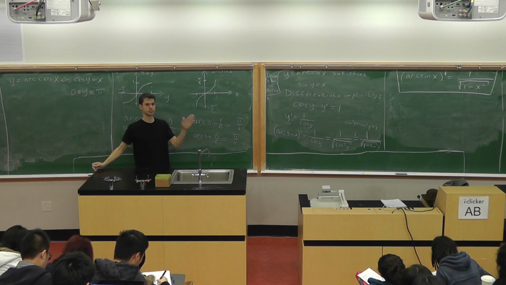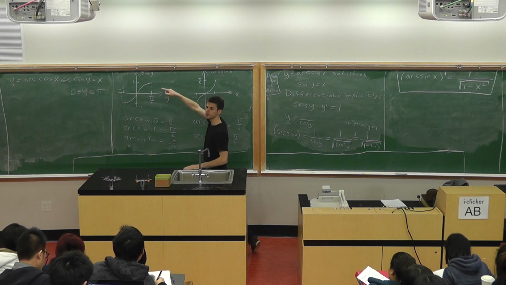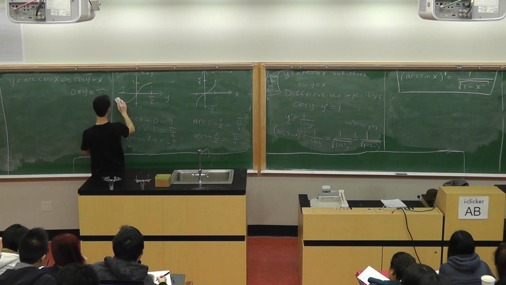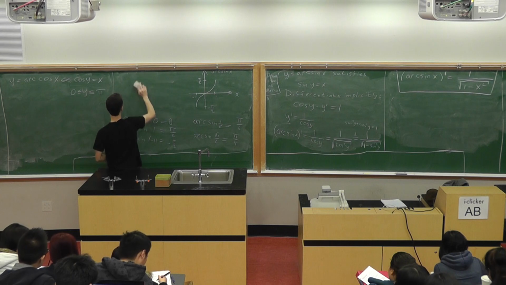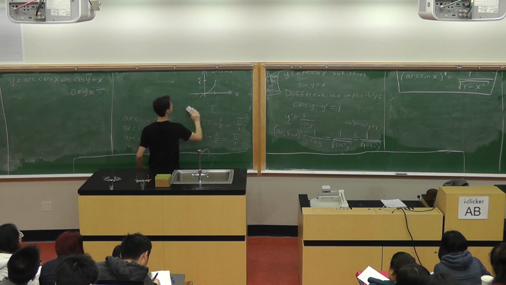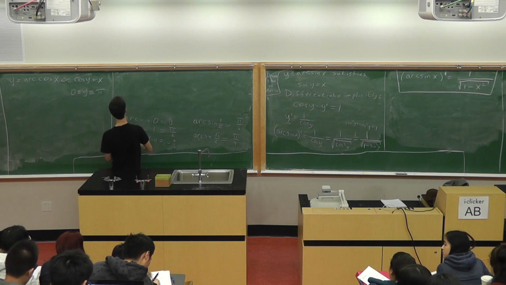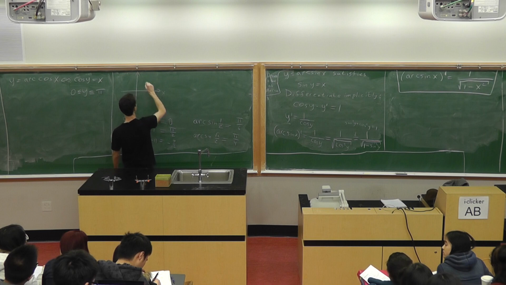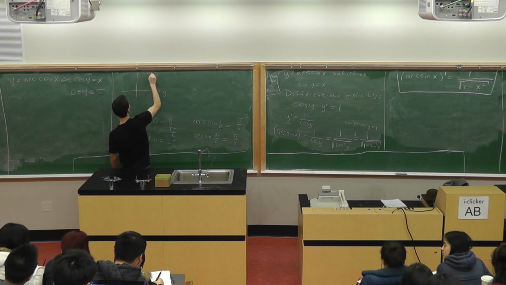As y moves from 0 to pi, cosine moves from 1 to minus 1. Let me on this board draw the graph of cosine. x, y, cosine of y.